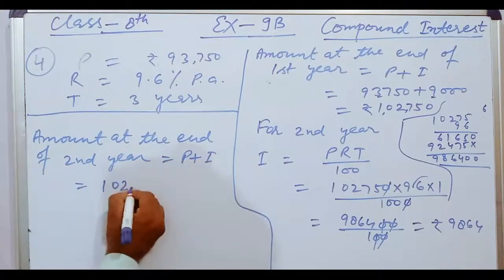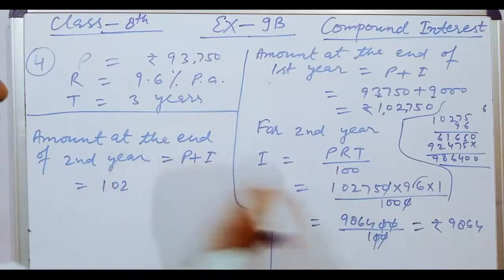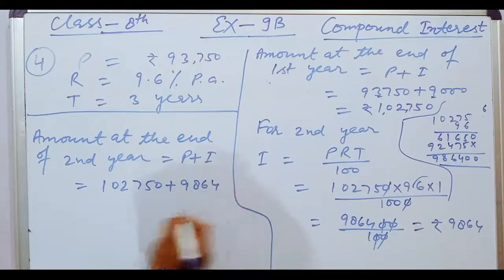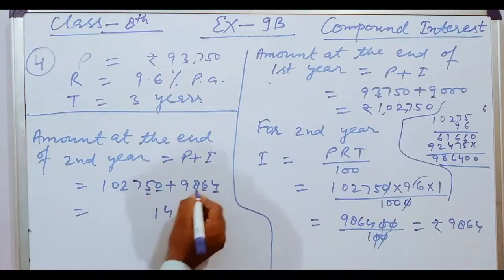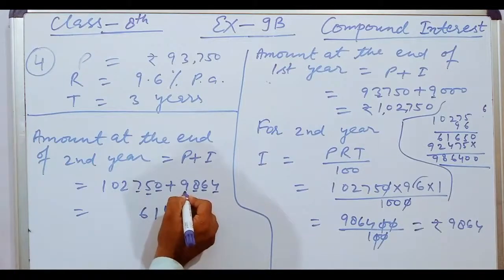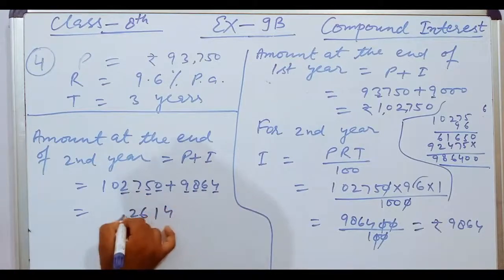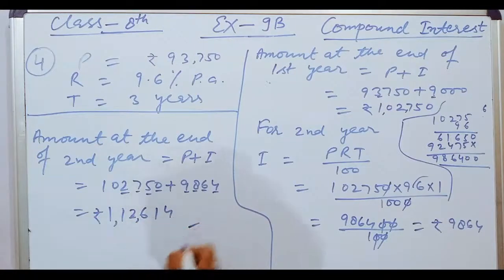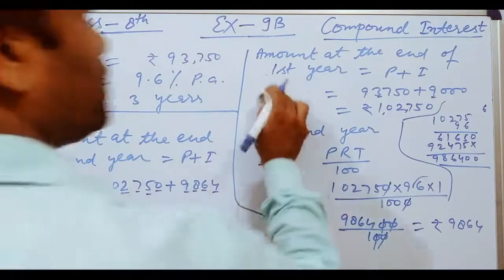Principal 1,02,750 plus 9,864 gives 1,12,614.